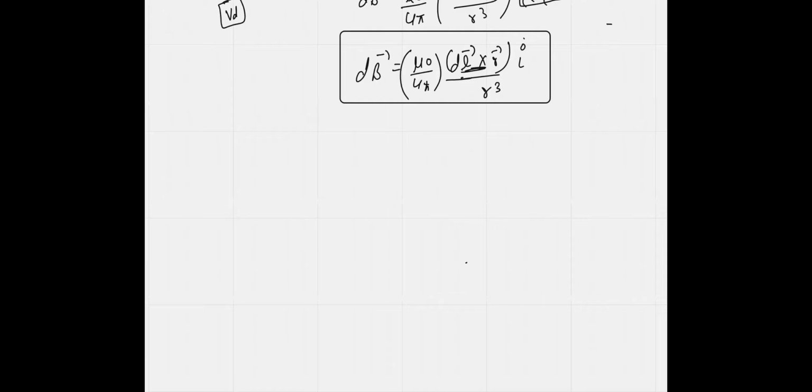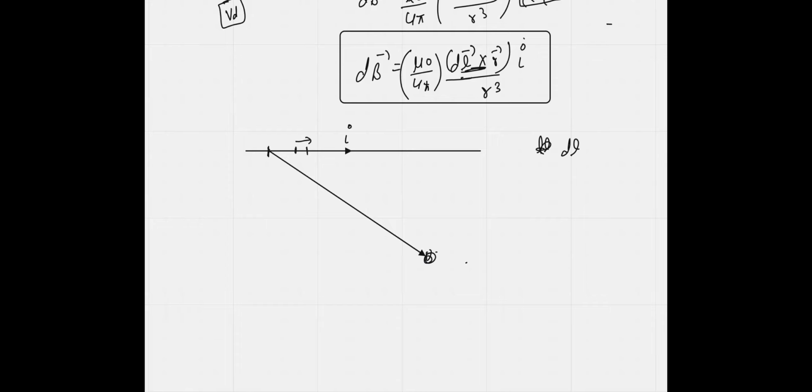So let's discuss in a normal way. Assume this is the direction of current. This is a wire, and this is the direction of current. From here, you want to calculate the magnetic field at this point. Whenever you do that, you take some length here in this direction, which is dl.